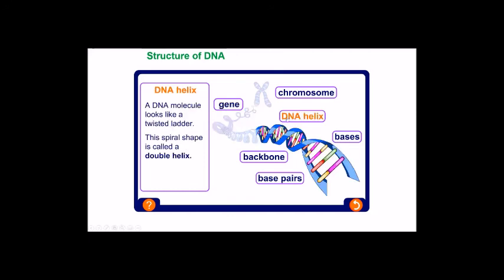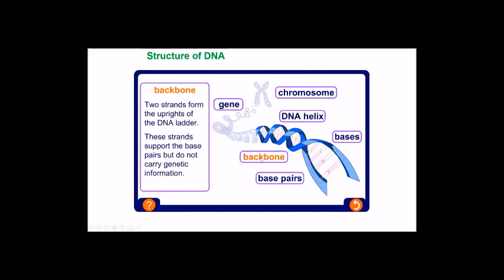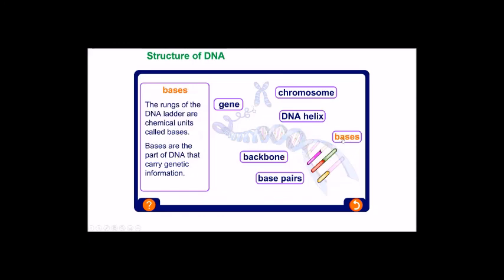Okay, you've got your DNA helix. It's called a double helix, so it's our twisted ladder. The sides of the ladder are called the backbone. So that kind of holds it together, but it doesn't actually carry any genetic information. So it's just the bit that holds the rungs together. And then the rungs are our bases.